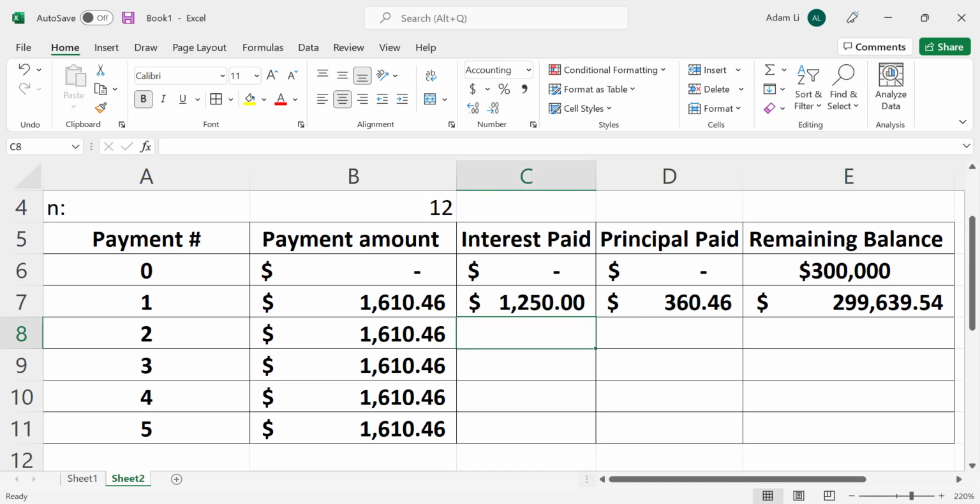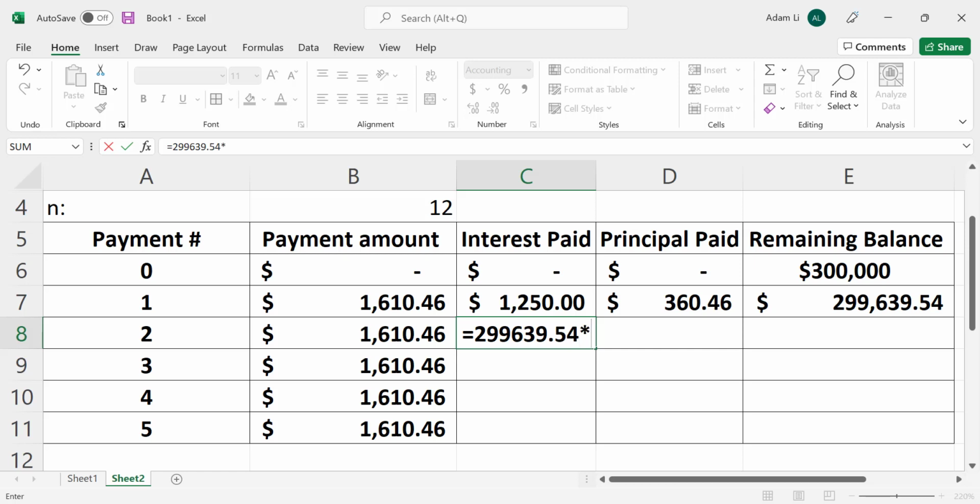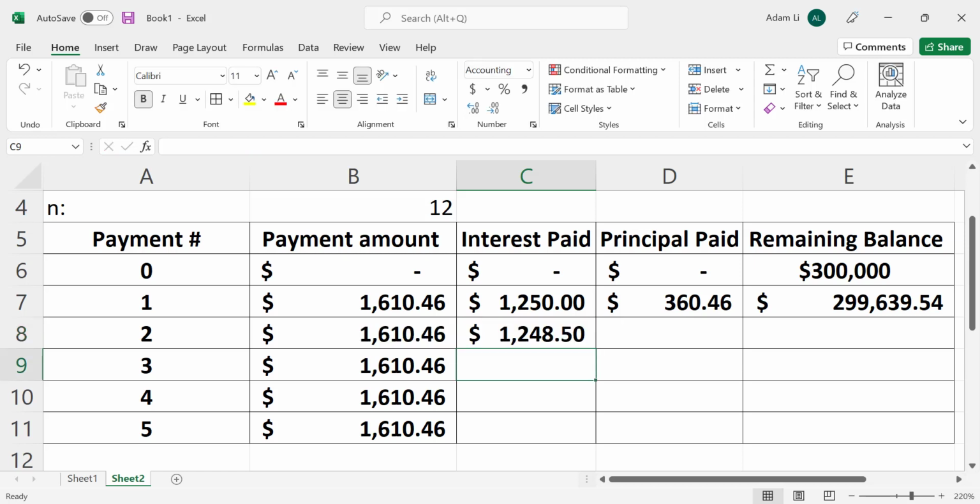So now once we get to the second payment, our remaining balance is $299,639.54 multiplied by 5% over 12. So you're still paying the 1 month interest based on the remaining balance, and this turned out to be $1,248.50.